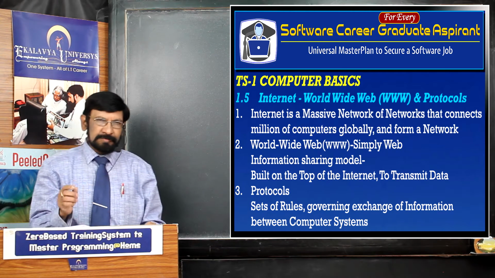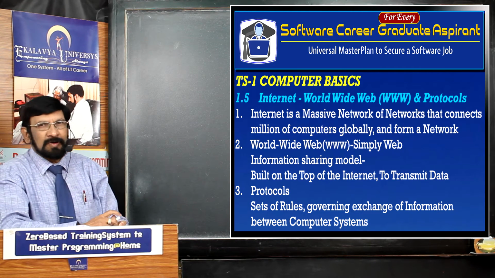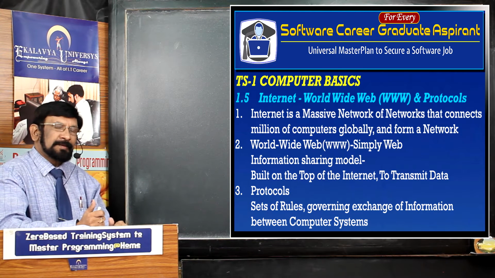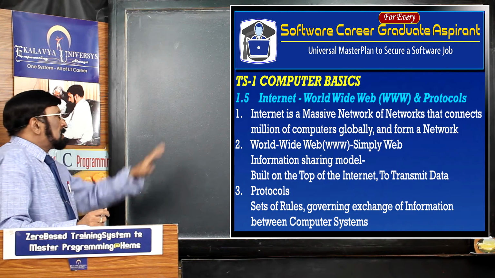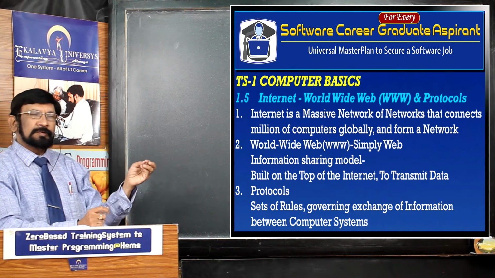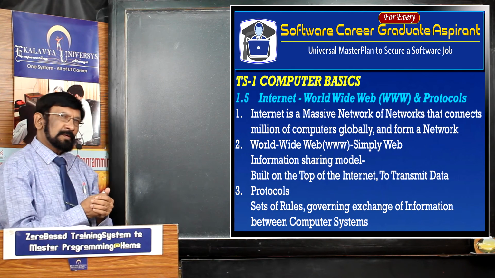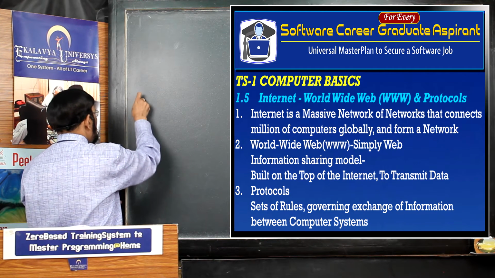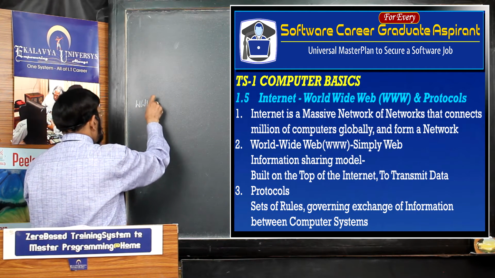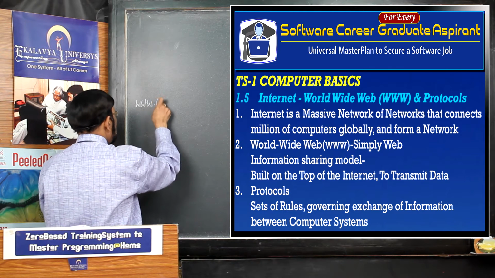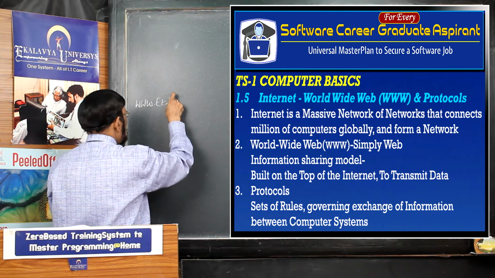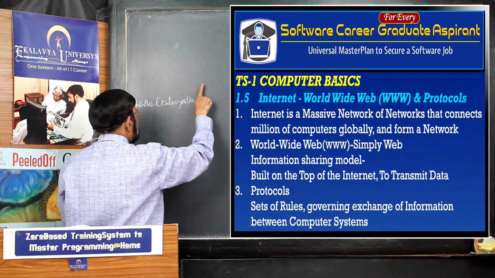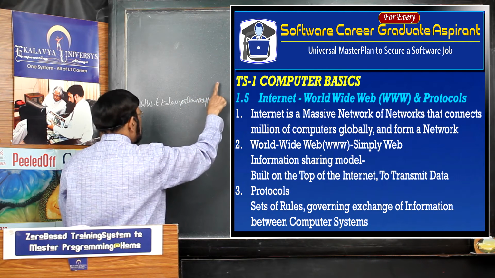Actually, now we have to see the data distribution model. The data distribution model is also almost similar. There are thousands of web developers. With an example, I tell you, I developed a system called website Ekalavya Universis.com.